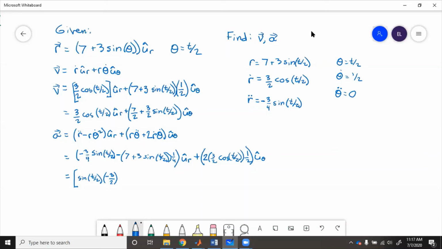And then here we'll have the minus 7 divided by 4. And here the 2 and the 1/2 cancel. So we'll just have plus 3/2 cosine t over 2 u_theta.